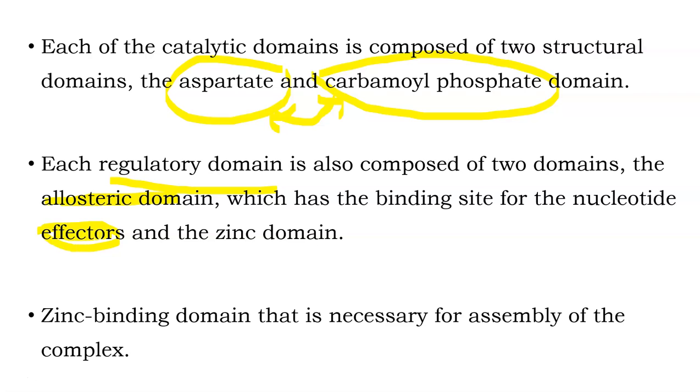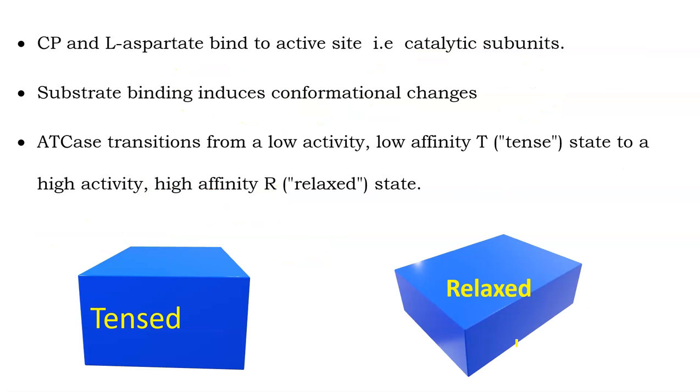Effectors, I told you, may be negative or positive effectors, usually nucleotides. The second domain is the zinc domain. So the regulatory domain contains 2 slots, one to bind effectors, another to bind zinc. Why is zinc important? Zinc is very necessary for the assembly of the aspartate transcarbamylase enzyme. That is why taking up zinc is very, very important. Remember, the carbamoyl-phosphate and L-aspartate bind to the active site.